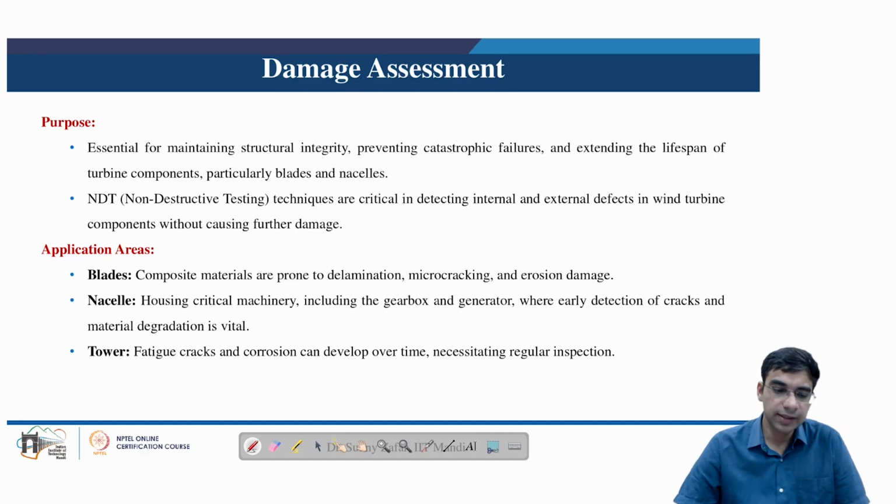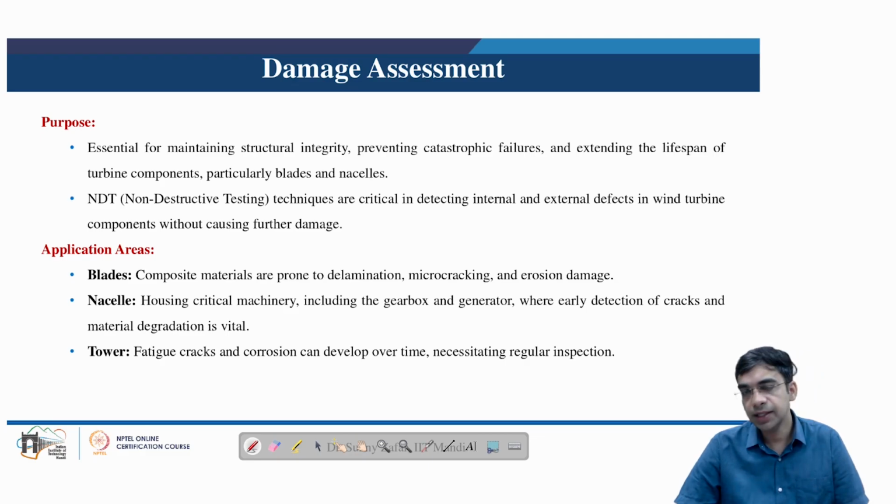Non-destructive testing techniques are critical in detecting internal and external defects in wind turbine components without causing further damage. The application areas where damage assessments are commonly done include the blades of the wind turbine.